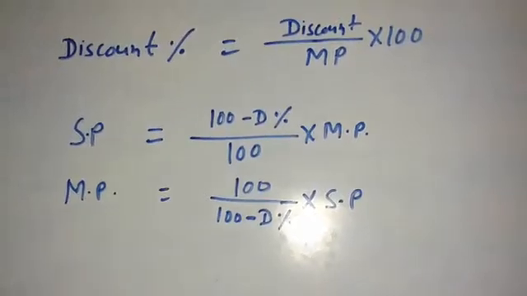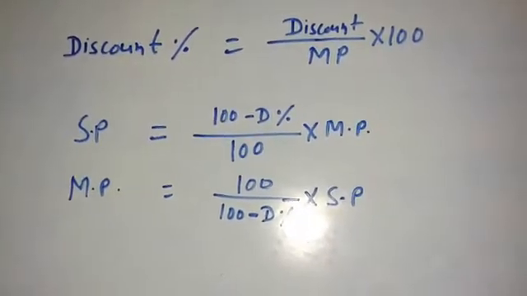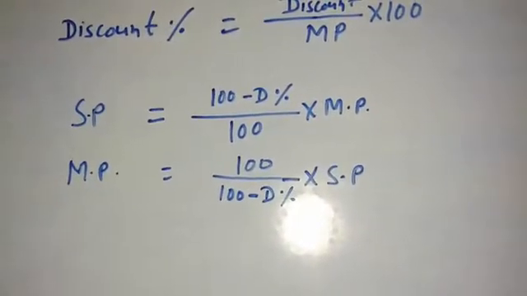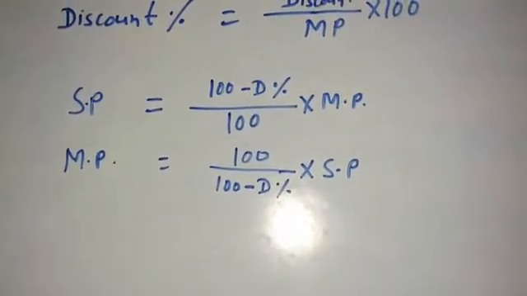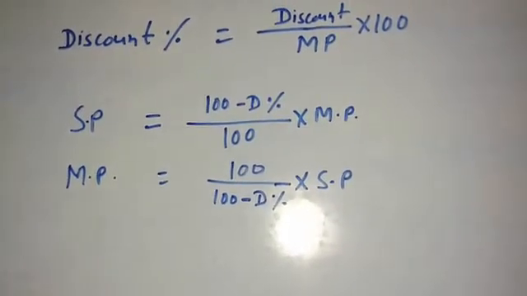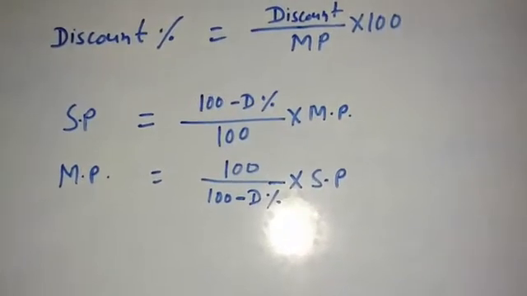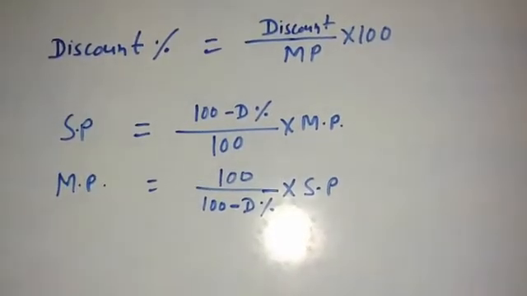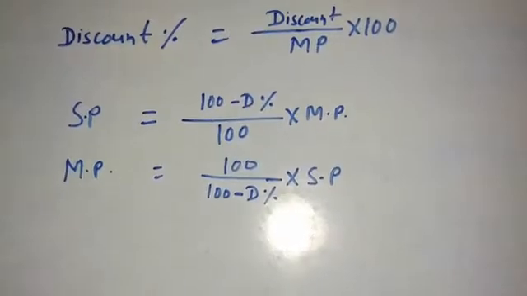Suppose we have to find the selling price when the discount percentage is given, then we can use the formula SP equals (100 minus discount percent) by 100 into MP. And if we have to find the MP when discount percent and SP are given, then MP equals 100 by (100 minus discount percent) into SP. So these are the formulas for finding discount percent, SP and MP.